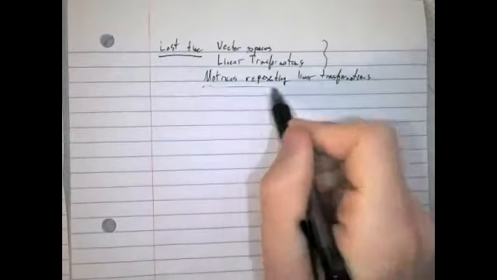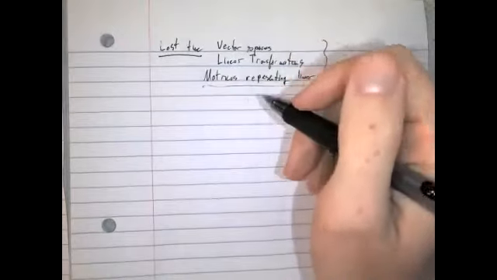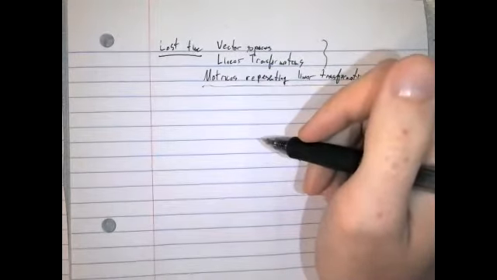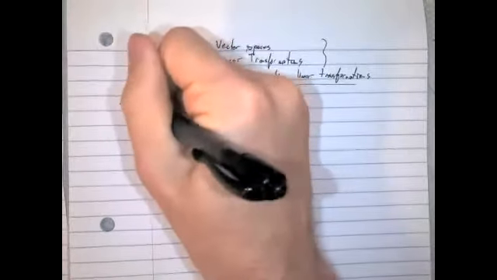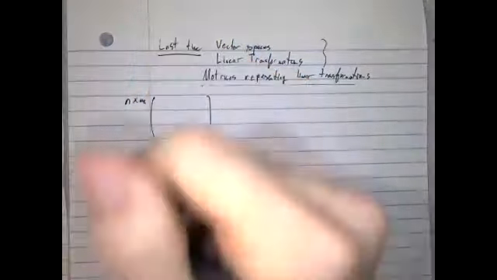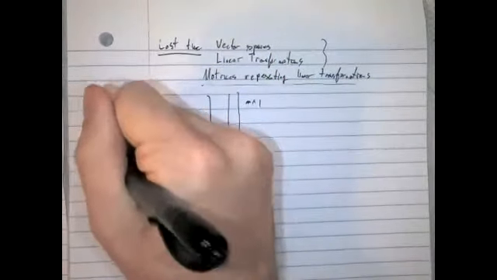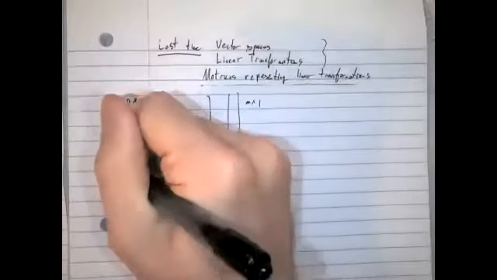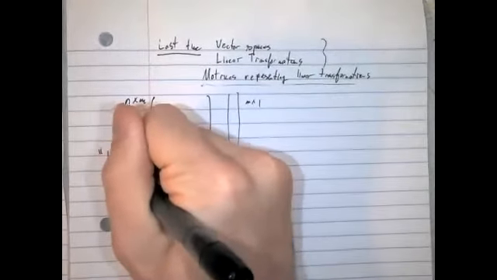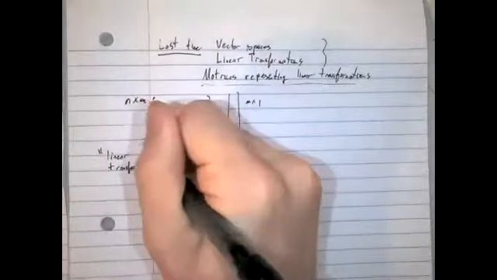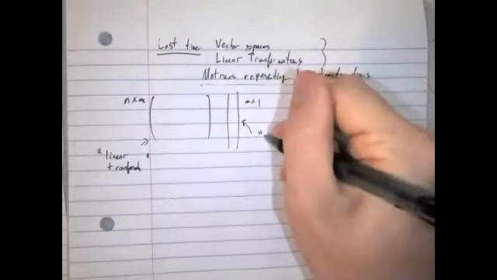And this was done by viewing an n by m matrix, and viewing a vector as an m by 1 matrix, right? So in this picture, here I have an n by m matrix, and then here I have some m by 1 matrix. So here's a linear transformation, and here is a vector.